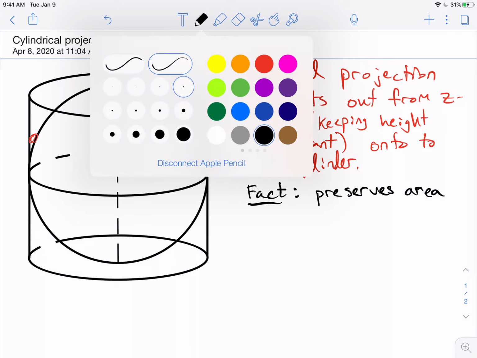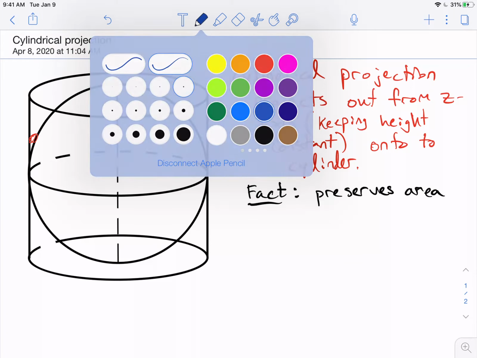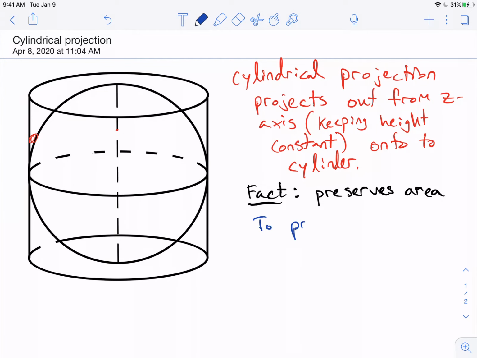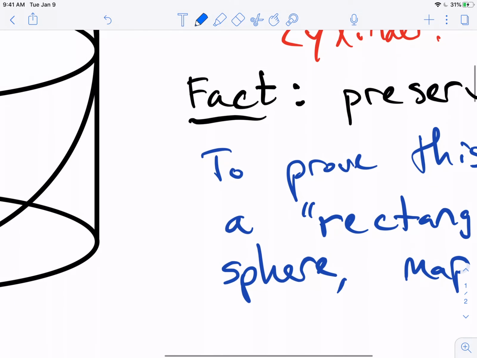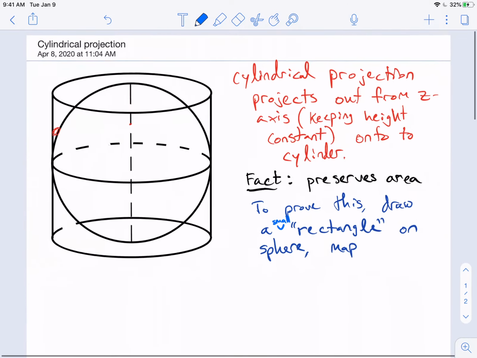And the way we're going to do this is we're going to draw a little rectangle on the sphere. So I should add in here, we're going to be drawing a really small rectangle on the sphere.